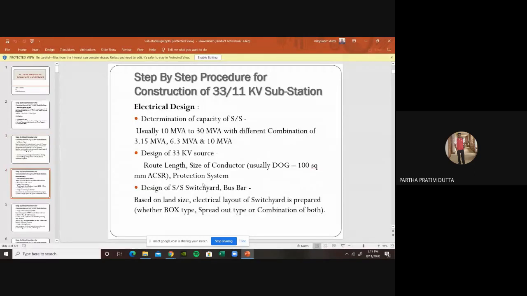Next comes the electrical design, and the civil design and the electrical design of the substation usually go parallelly.